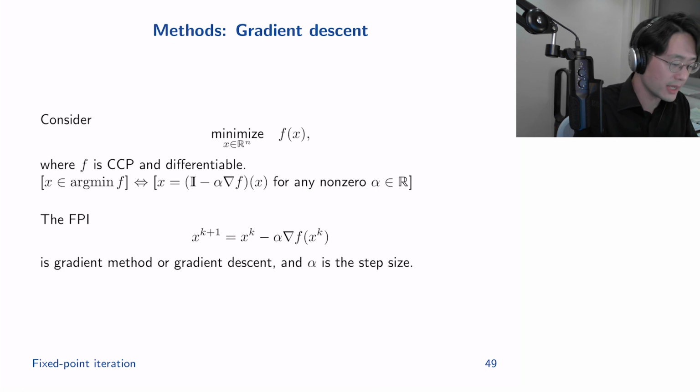In this setup, x is a minimizer if and only if x is a fixed point of this operator, I minus alpha grad f, for any non-zero alpha. The fixed point iteration with respect to this operator can be expressed in this way, and this FPI is referred to as the gradient method or gradient descent, and the parameter alpha is referred to as the step size.